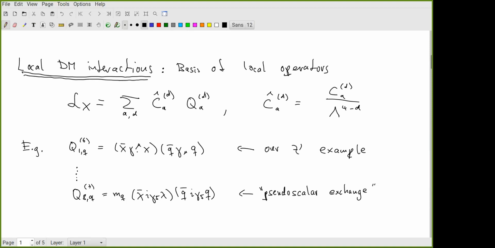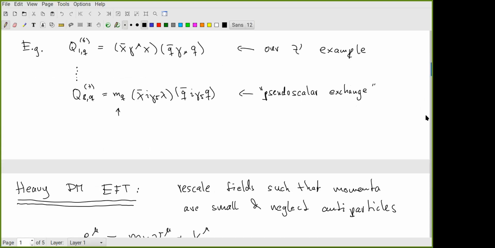The vector operator we defined just as the product of the vector currents, whereas the pseudoscalar operator is defined with this MQ factor. We discussed this a little bit last time. It's just because in many models this factor comes out automatically, but it's just a convention in some sense. It has no deep significance by itself. Okay, thank you.